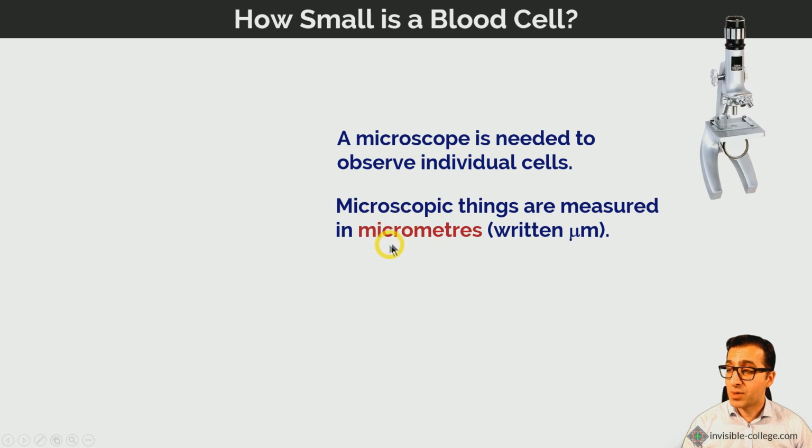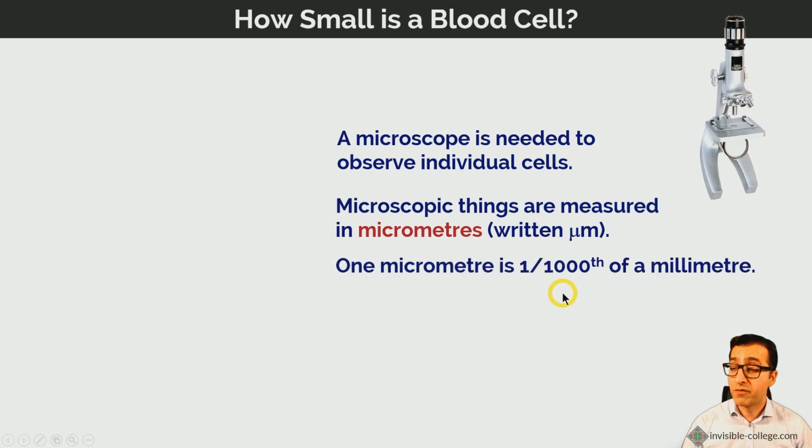The prefix micro is abbreviated using the Greek symbol mu, which looks like a U with a kind of tail on the front. So this is the shorthand for micrometer, and 1 micrometer is a millionth of a meter, or 1,000th of a millimeter. So a millimeter is a thousandth of a meter, and 1,000th of that would be a micrometer.